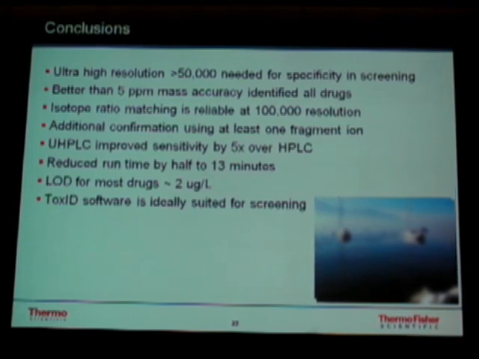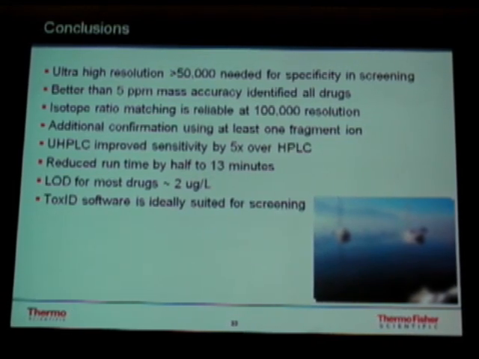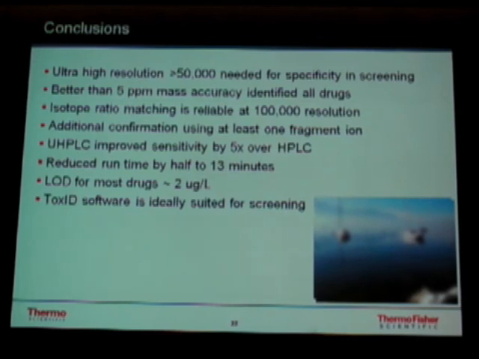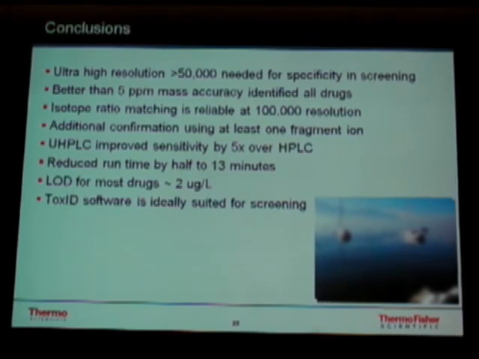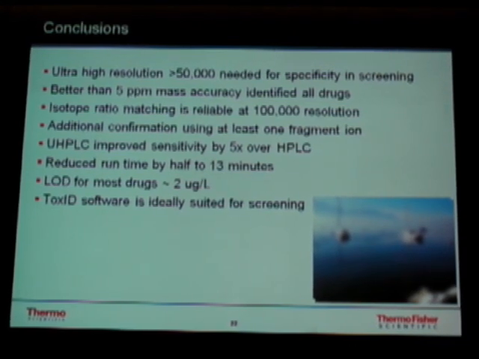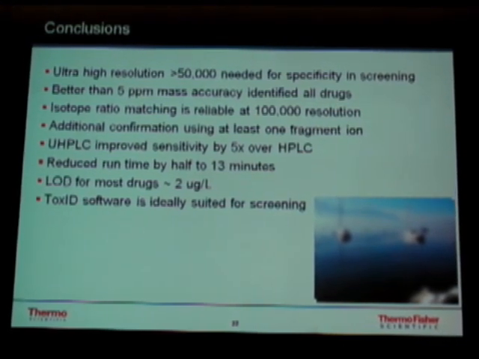So in conclusion, really, at least based on these 40 drugs that we identified and confirmed, you need a resolution of more than 50,000 to really extract out these drugs from the background and also from other isobaric drugs that are monitored in these forensic screening cases.